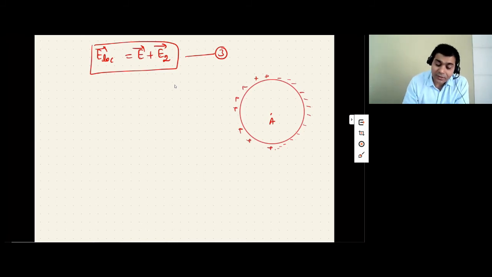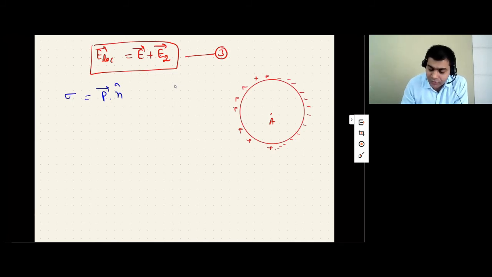How to calculate the surface charge? I already explained in the previous lecture, and I told it in this lecture as well, that sigma, the surface charge density, is equal to P dot n hat, where n hat is the direction in which the area vector points, the normal to the surface.